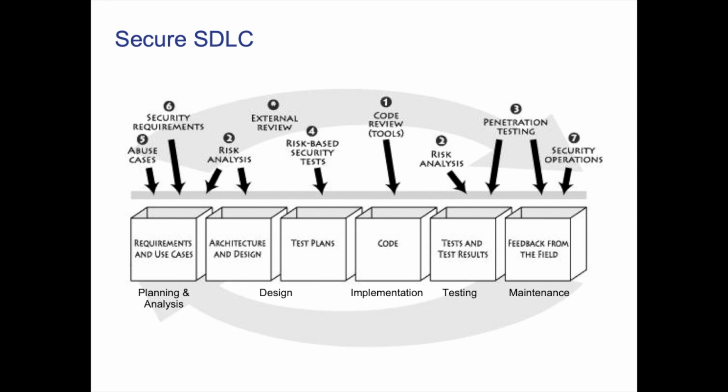The fourth thing that we should implement is a set of risk-based security tests. This is mostly about taking any potential business logic flaws that we came up with during the risk analysis process and turning them into test plans that the QA team will execute. The fifth thing that we'll implement are something called abuse cases.